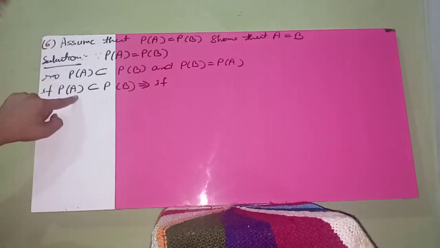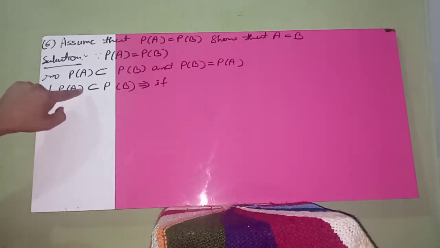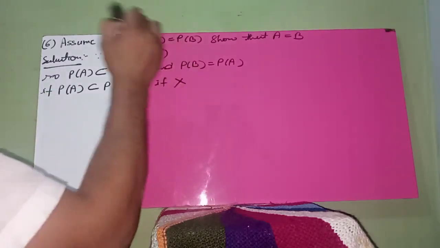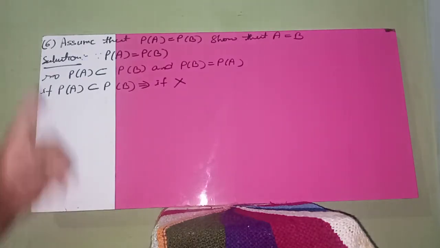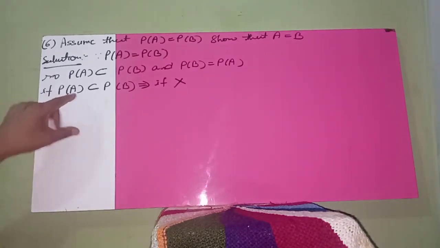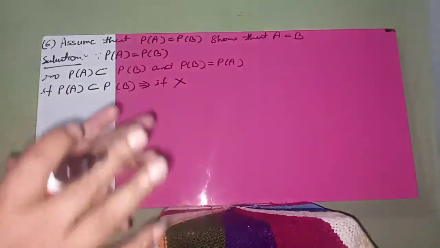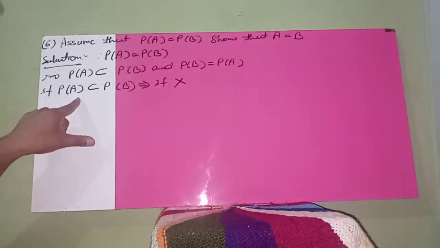It means all the subsets of set A. All the subsets of set A is called power set of A. It means set A के जितने भी हमारे सबसेट होंगे उनका जो सेट्स होगा that is called power set of A. Power set of A is the set of all subsets of set A.